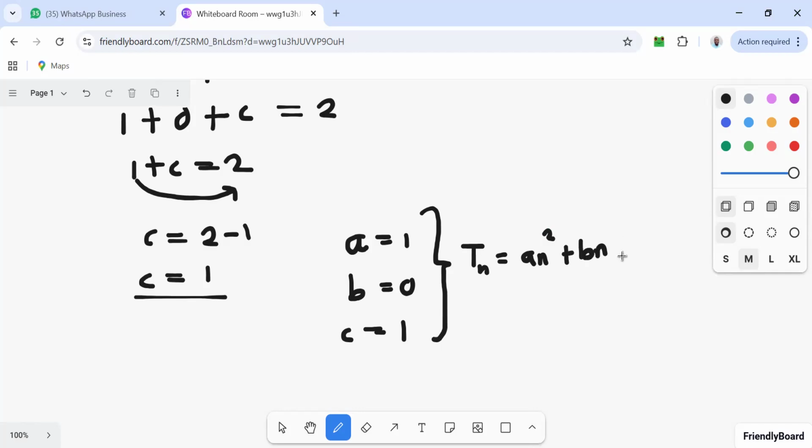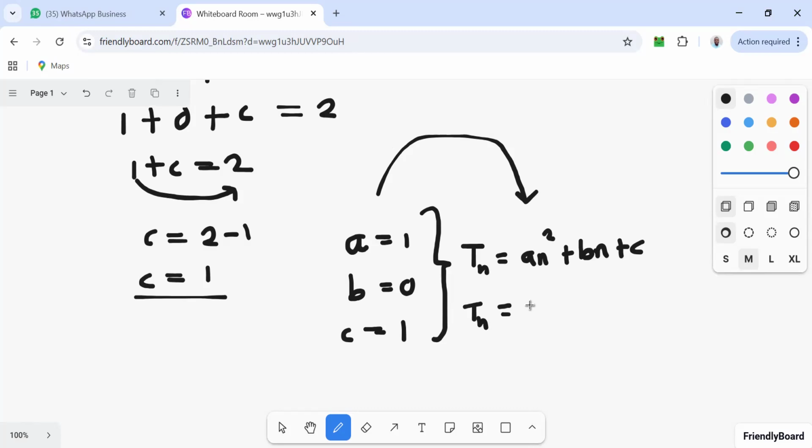So this is the general form of a quadratic number pattern. So I'm just subbing in the values of A, B, C into this general term form. Okay. So this will become Tn is equal to, A is 1.